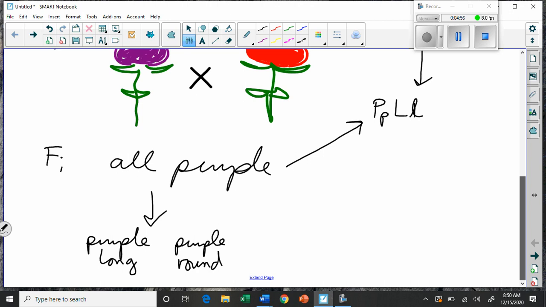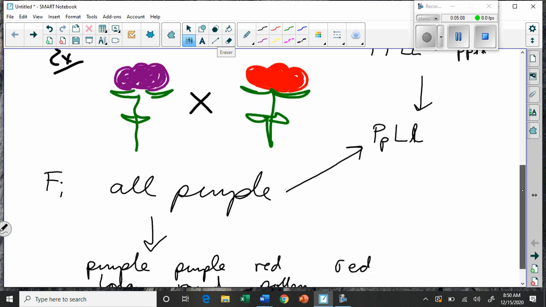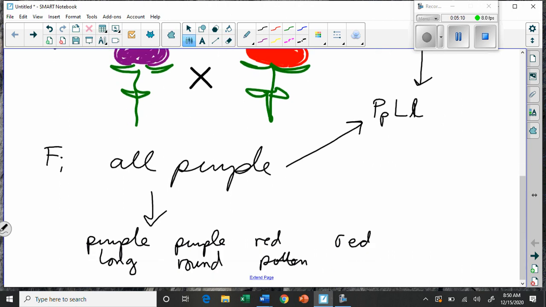Then we would get red flowers with long pollen, and we would get red flowers. Whoops, I wrote pollen instead of, hang on a second. Oh, why does that jump every time I do that? I don't know why. Back. Long pollen is what I meant to write there, and red with round pollen.